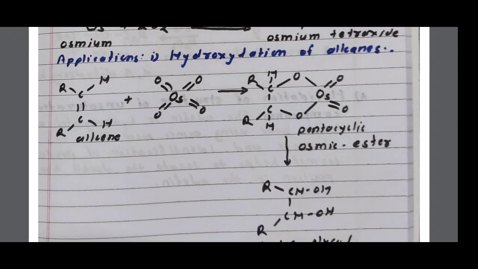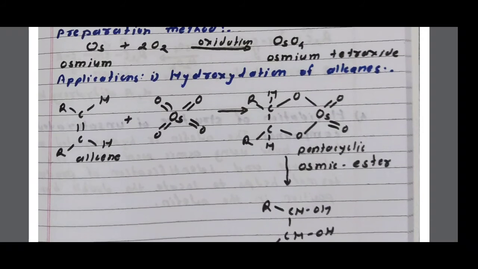Then this pentacyclic osmic ester is further converted to the cis-1,2-glycol. It means for cis hydroxylation OsO4 is used, and for trans hydroxylation SeO2, selenium dioxide, is used. This is the first application, that is hydroxylation of alkenes.